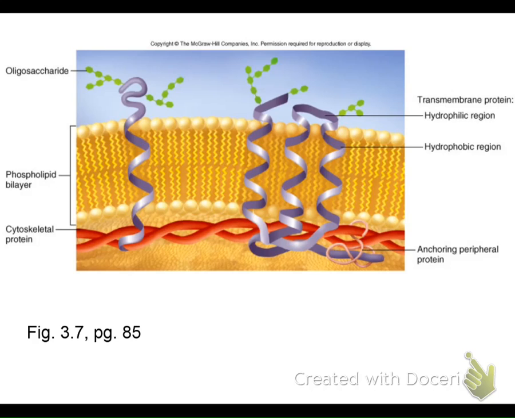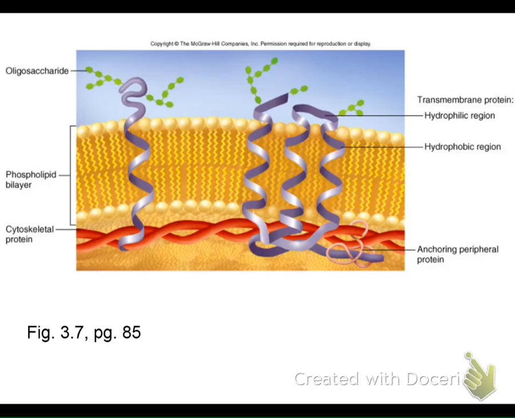All right, here's another close-up of some of the proteins that are in there. Some proteins are going to have a hydrophilic region, some a hydrophobic region. What level of structure would this spiral be on this particular protein? We have 4 levels of structure in a protein.